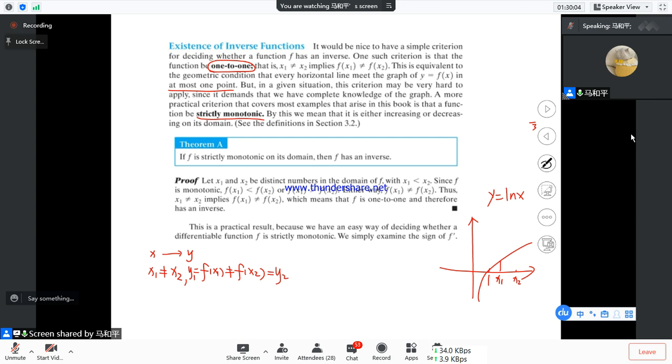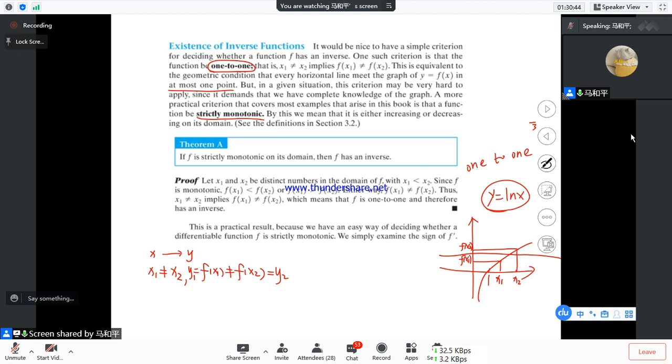We can find x1 is not equal to x2, so here we have f(x1) and f(x2), and f(x1) is not equal to f(x2). So this function is 1 to 1. Or, because we have the graph, any horizontal line has an intersection at only 1 point. So this function is strictly monotonic and is 1 to 1.